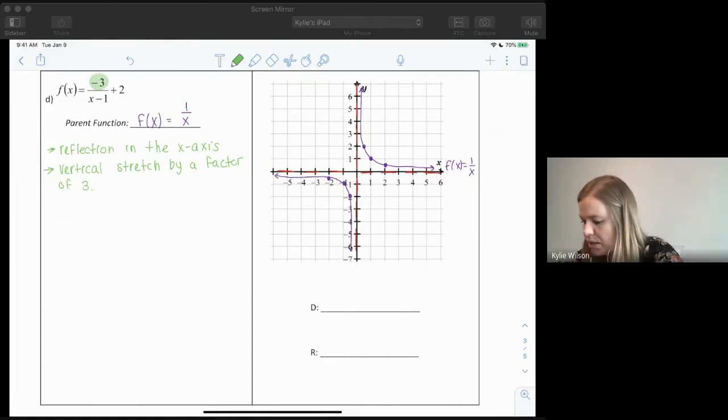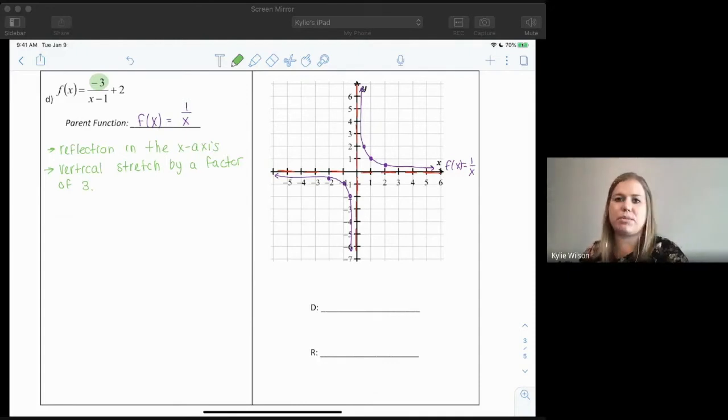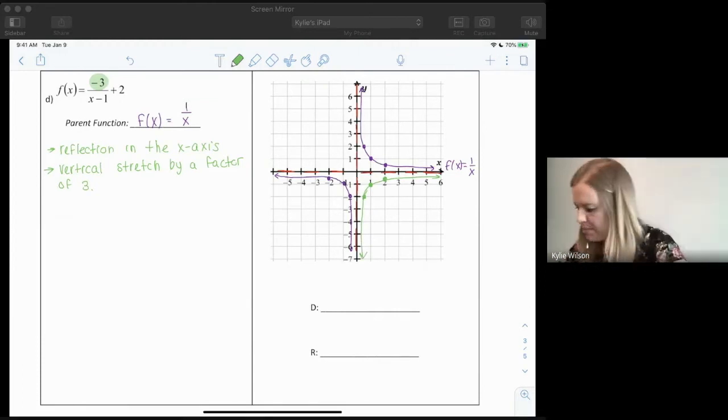So now let's apply those. Let's start with the reflection in the x-axis. Basically what's going to happen is it's like this, and they're going to just swap because we're reflecting over that horizontal axis. It's going to look something like this. So that first one goes here, and it hasn't changed our asymptotes because we haven't moved our positioning, we've just flipped it.